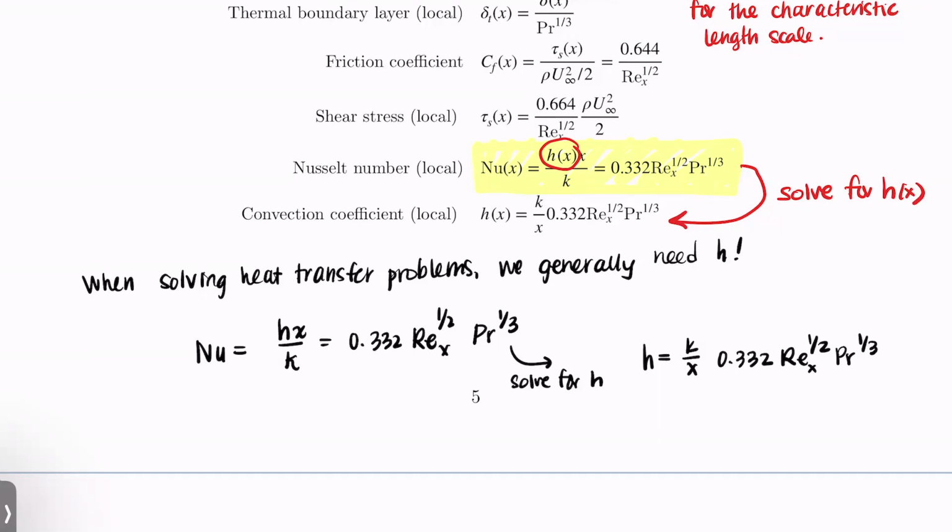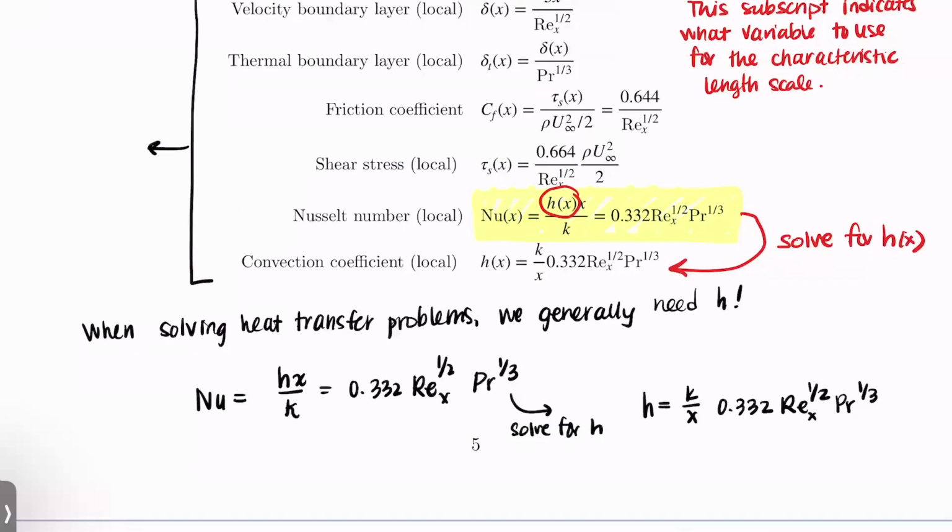These are all of the spatially varying definitions, with subscript X.